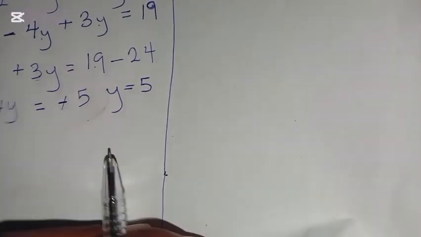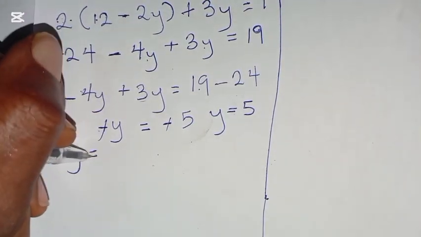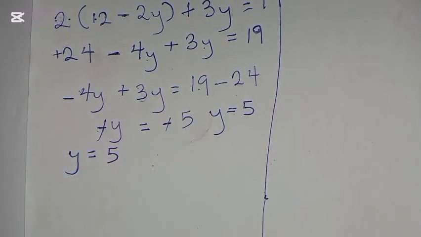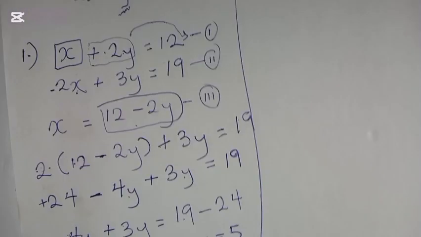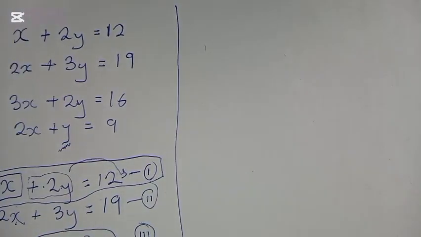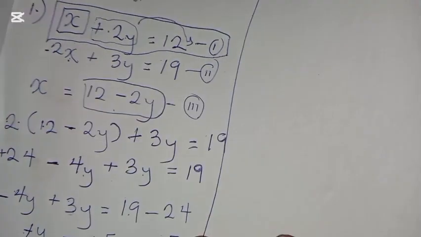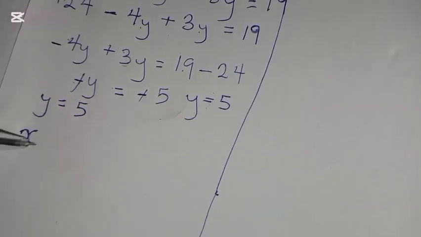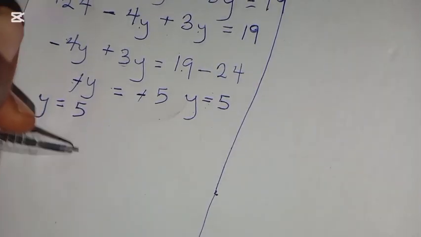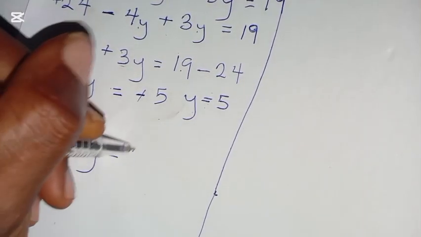I can move over to the x. So since we know that our y equals 5, we can use that to get our x. So let's get back to the first equation. You see? So now let's rewrite it down again. x plus 2y equals 12.